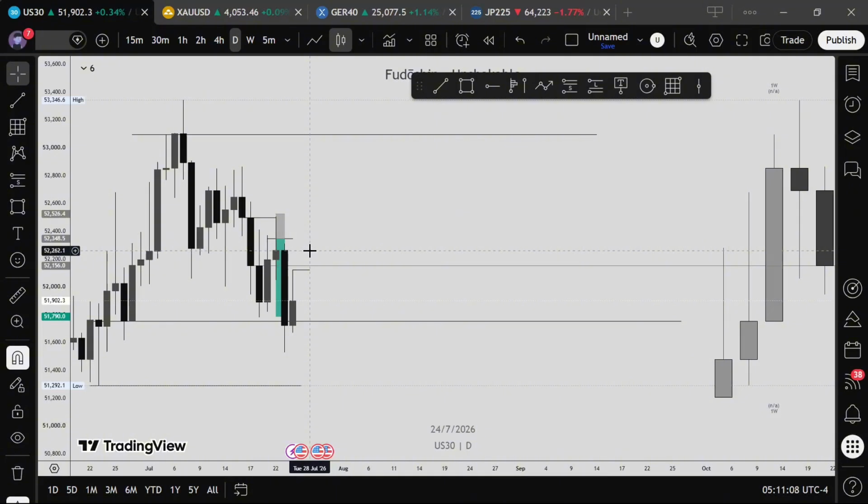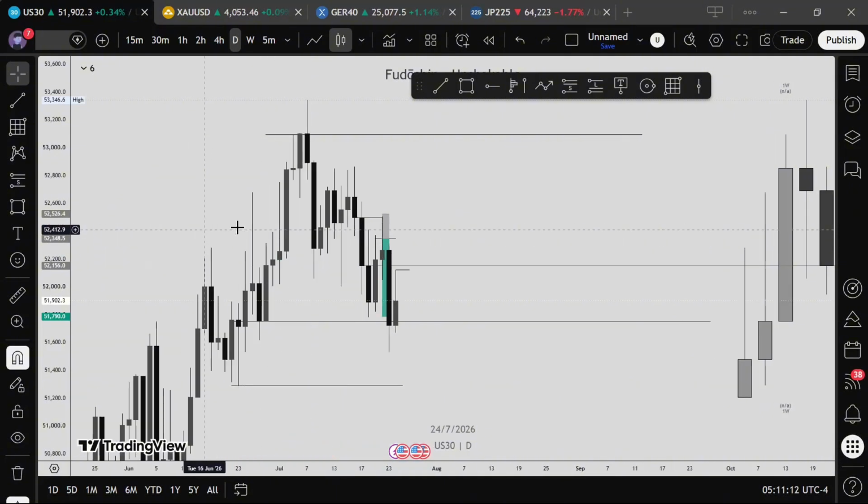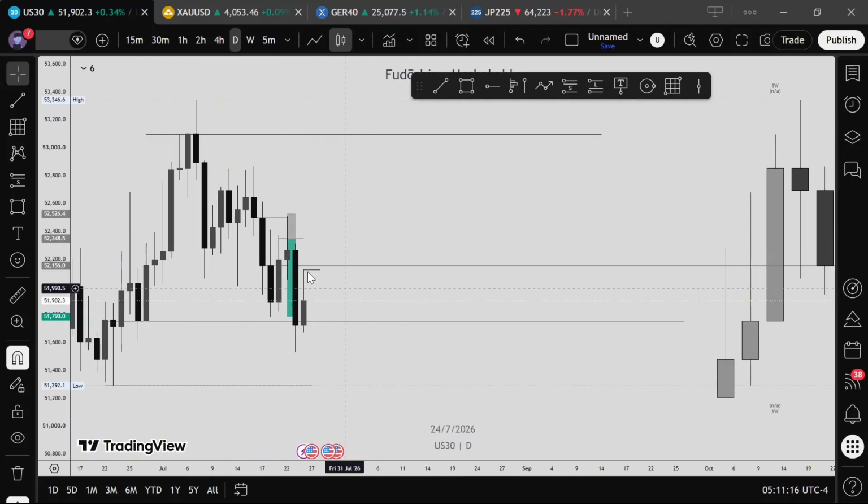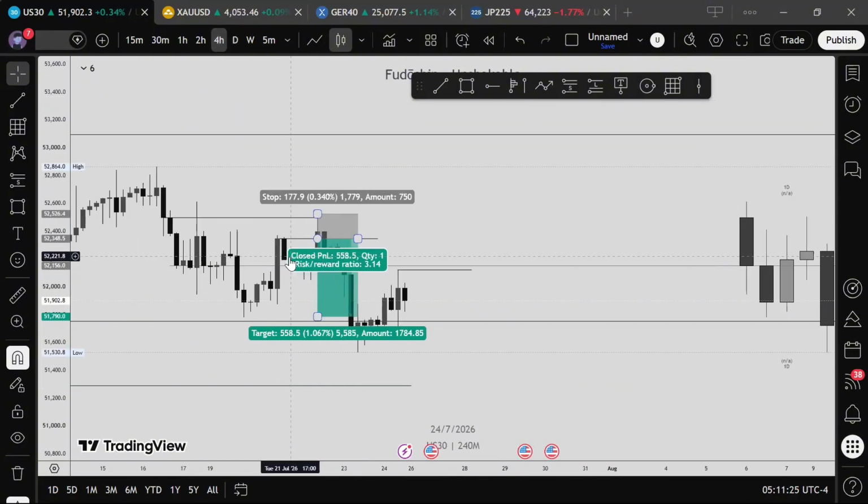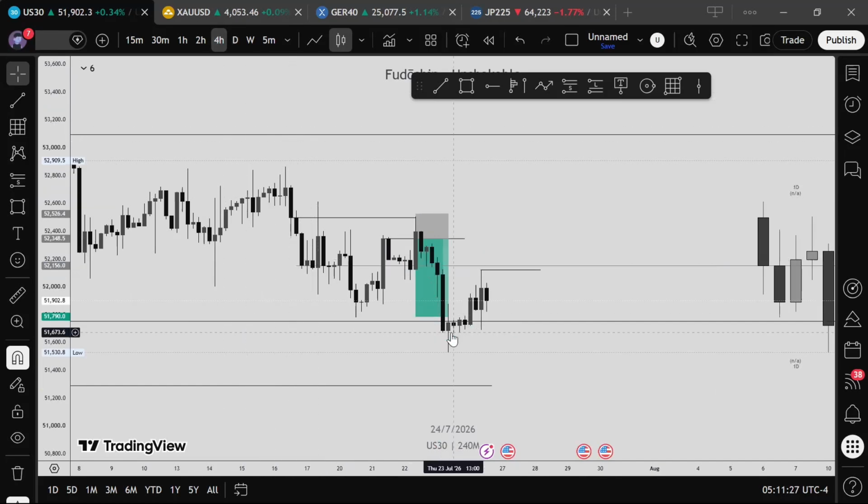Was it this one? I don't think it was this one. Let me check on the weekly. There was one of them that I said I wasn't going to wait for price to get to the neck. Not really sure which one. Maybe on the 4 hours or so. I can't remember. But let me focus on the trade from last week, right?